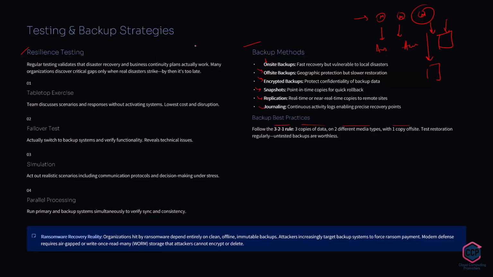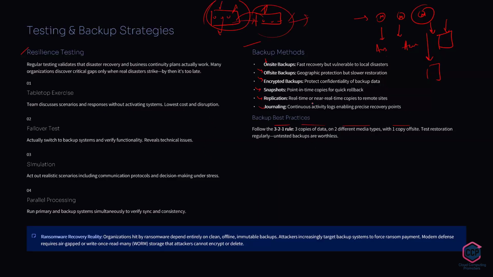Tabletop exercise means the team discusses scenarios and responses, with low cost and no disruption to active systems. Failover test: whenever we have a switch, multiple switches will be there, and for each switch there will be a backup switch. If one has a technical issue, it will turn off and the backup will turn on, and everything keeps working easily.